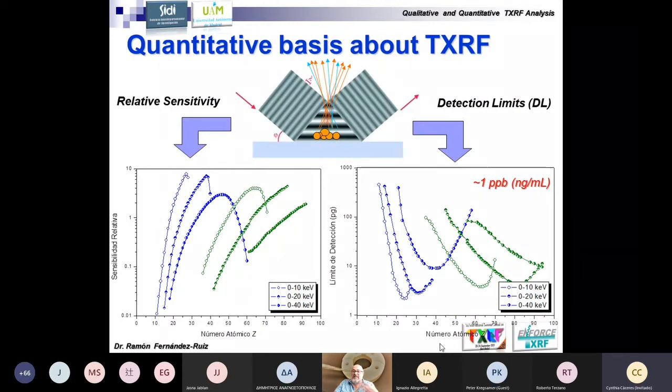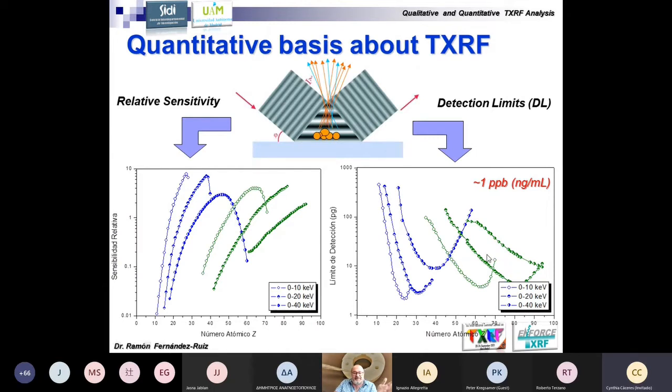In particular, for classic instruments, the absolute detection limits are in the order of picograms. That is in the order of ppbs.